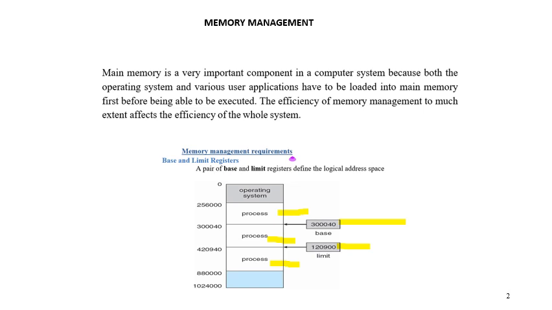Here a pair of base and limit registers specifies the logical address space, and the base and limit registers can be loaded only by the operating system. We cannot do it on our own. For example, suppose the base address register holds 30040, and consider the limit register is holding 120900.